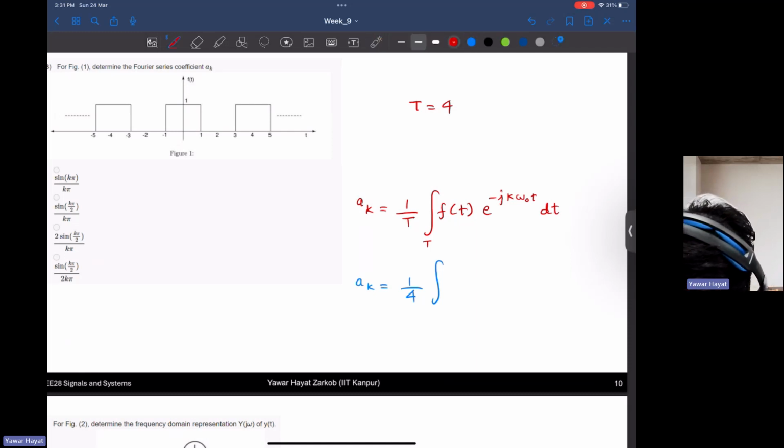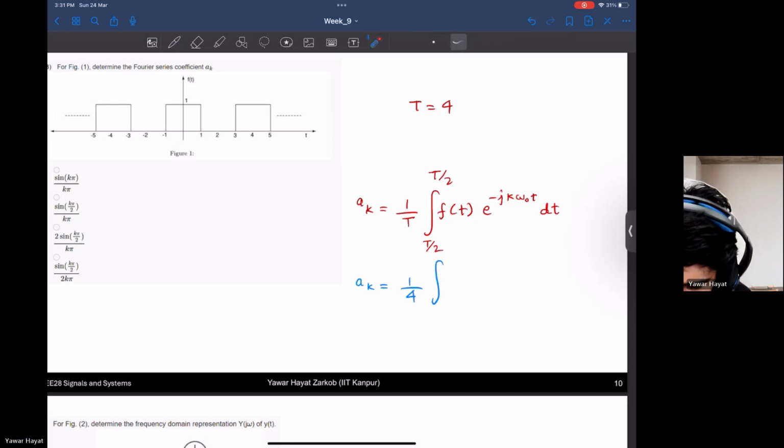You have the flexibility, you can proceed with any interval and verify you'll get the same answer. Okay, so T is 4, so this would be minus 2 to 2, right? This interval.